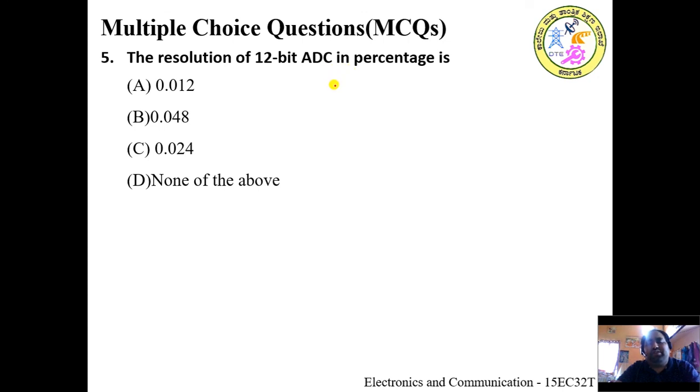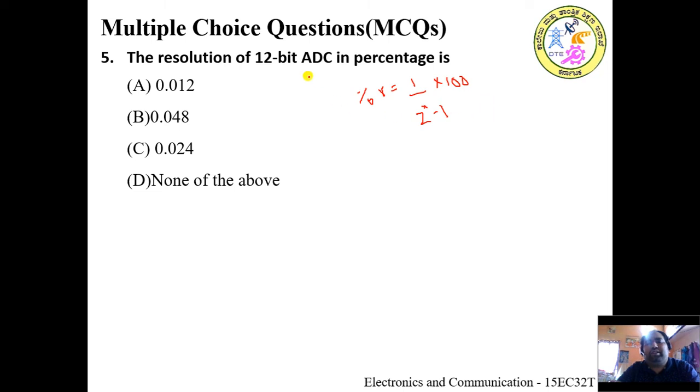Whenever the resolution is asked in percentage, as we discussed in the previous slides, percentage resolution is given by 1 over 2 to the power of n minus 1 into 100%.